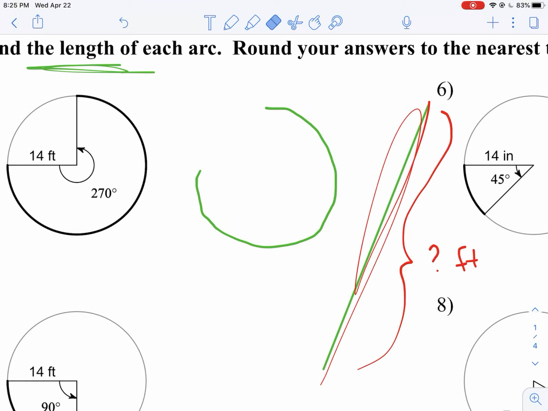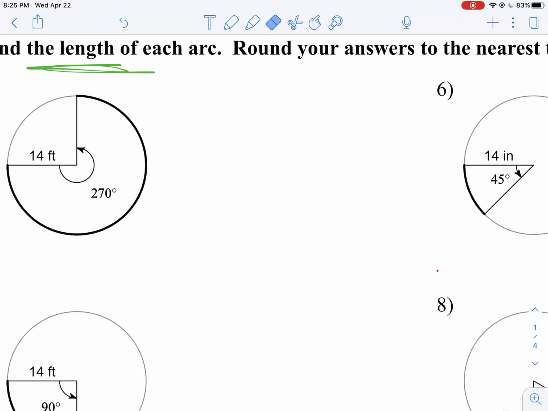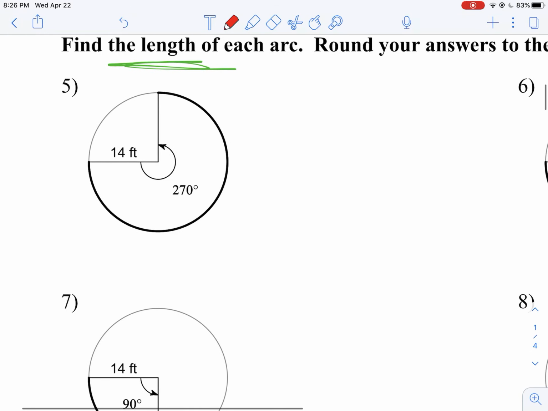To find that, we're essentially finding circumference, right? The circumference would tell us the measure of this whole thing in feet. And then, after I find the circumference, I am going to multiply that circumference by the ratio, the fraction of the circle that I want to find it for. So it's 270 degrees, and we'll talk about that when we get to the formula.